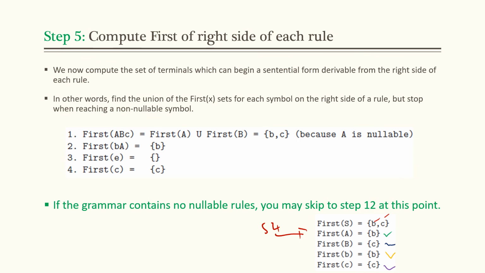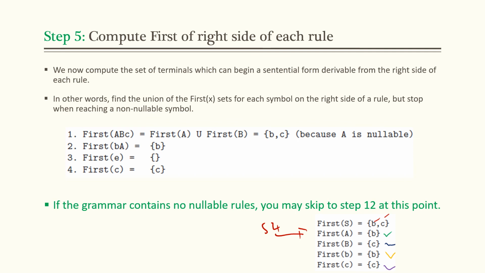If A is epsilon, it means that we can start with C. And the second rule is first BA. So the selection set will be B. The first BA will be B. First epsilon will be empty, and first C is C.